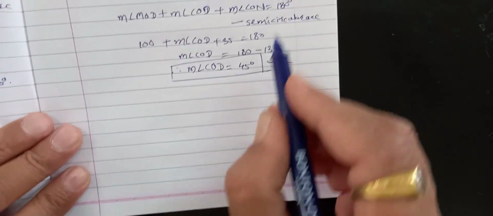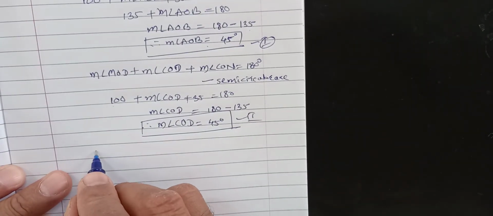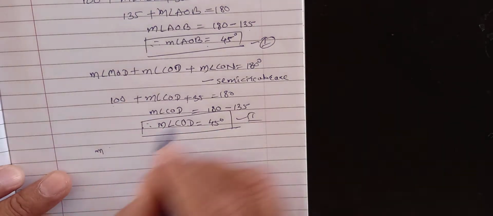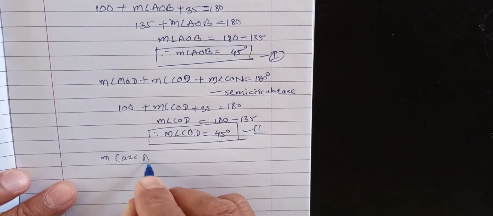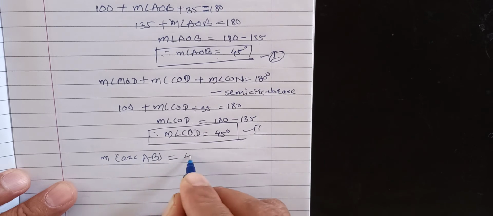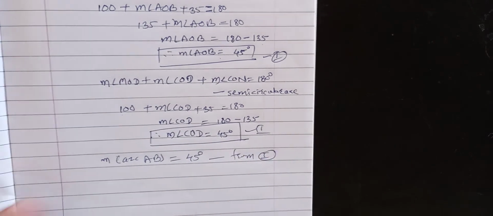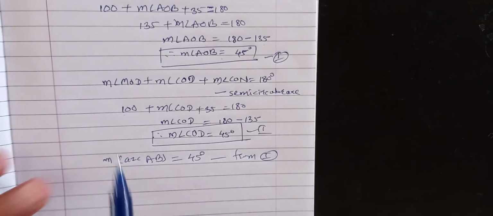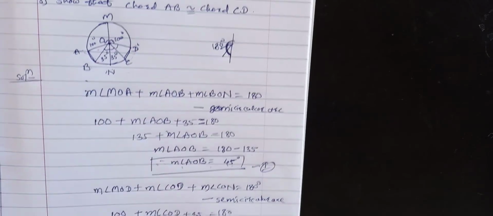So for the first one, here we have given the numbers first and second. Here we can see measure of angle AOB is 45. So measure of arc AB is 45 degrees from first, because AOB is the central angle of this arc AB.